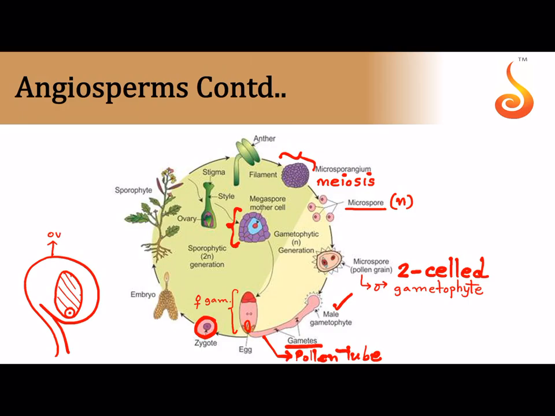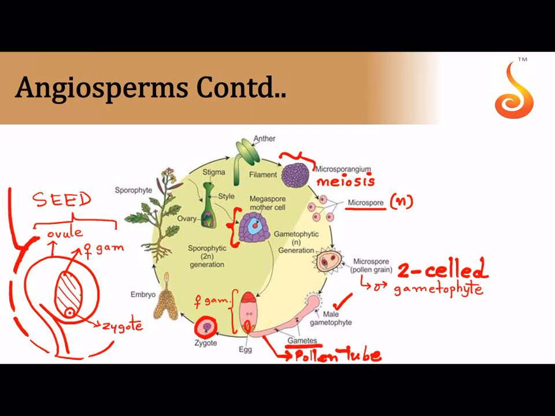So what is this called now? Ovule or megasporangium, female gametophyte or embryo sac, after pollination and fertilization, zygote. And this is referred to as the seed, and it is surrounded by a fruit wall, ovary wall, which later becomes the fruit.